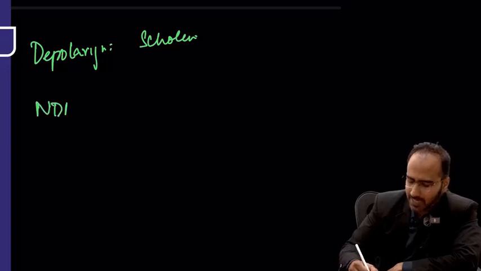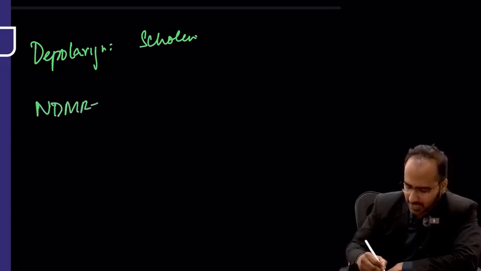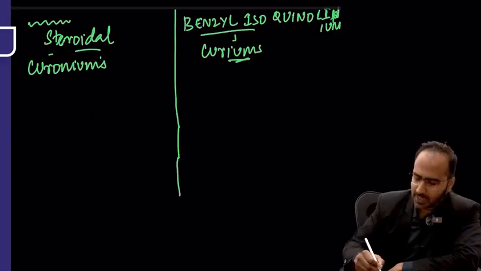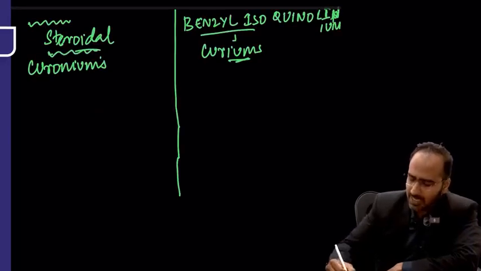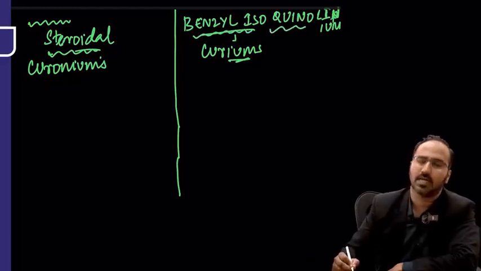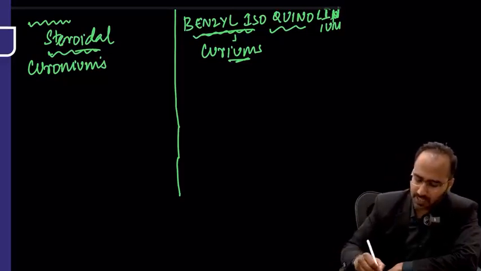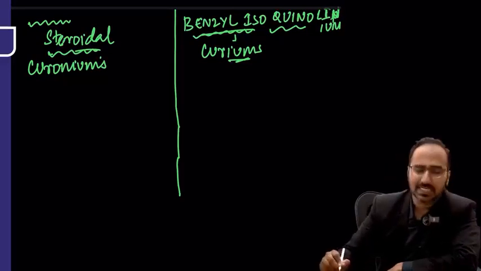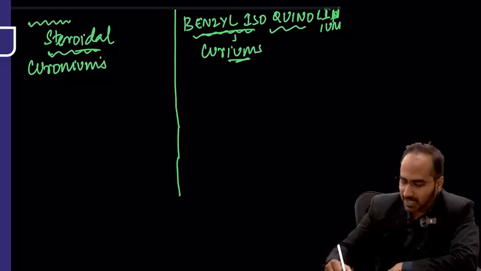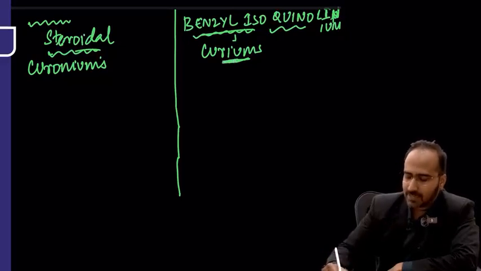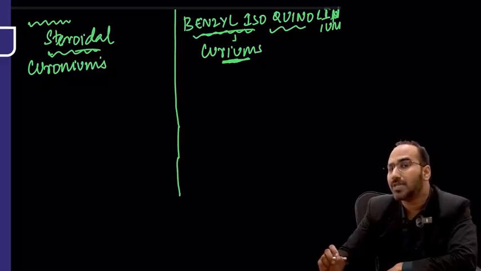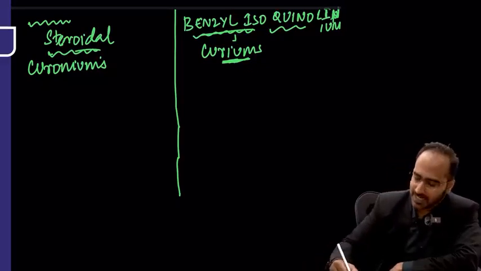Whereas non-depolarizing muscle relaxants are further classified into the steroidal and the benzylisoquinoliniums. Right? So, first came the benzylisoquinoliniums. In that, they are divided. Benzylisoquinoliniums are usually the muscle relaxants ending with the term curiums.